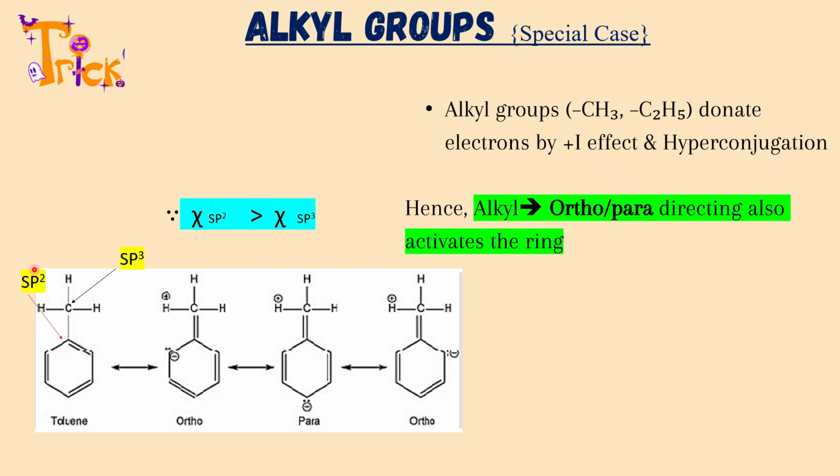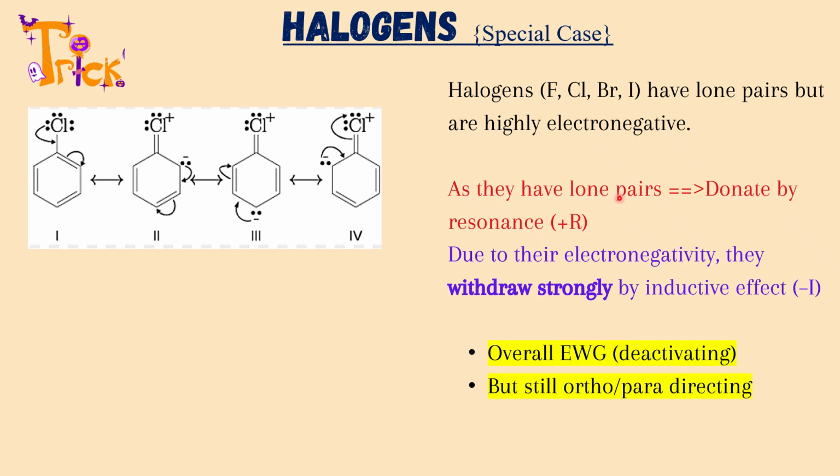Hence, this group will also act as what? An electron donating group. So since this is also an electron donating group, it will increase the electron density at ortho and para positions, and as a result we will get ortho para substituted products. So alkyl groups are also activating groups and result in the formation of what? Ortho para substituted products.